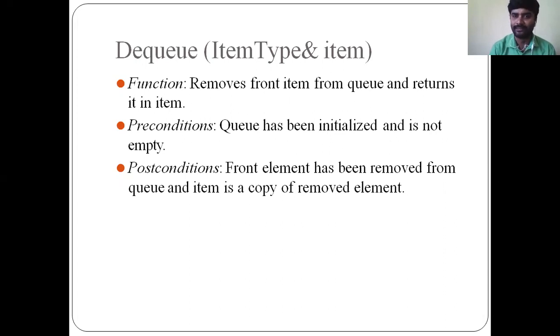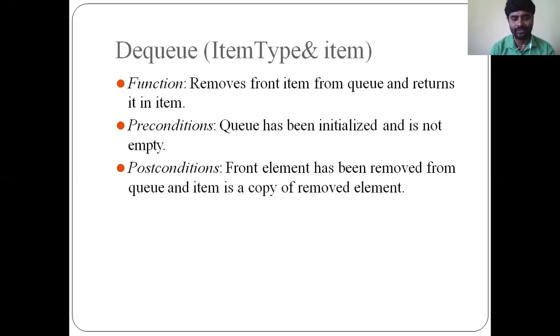That is the first point of the precondition. The postcondition is that the front element has been removed from the queue, and item is a copy of the removed element. The same applies to pop in a stack, with its precondition and postcondition.